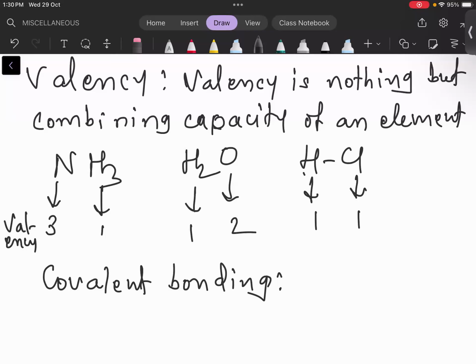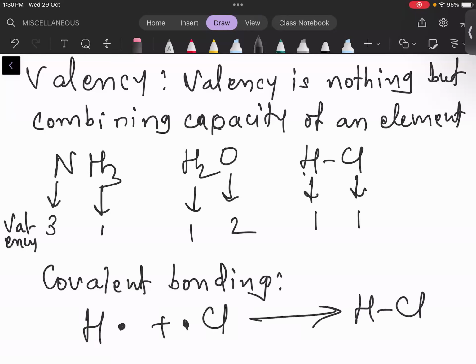Now, suppose if you want to prepare HCl, then hydrogen 1 electron combined with chlorine 1 electron. So you'll get HCl molecule, right?